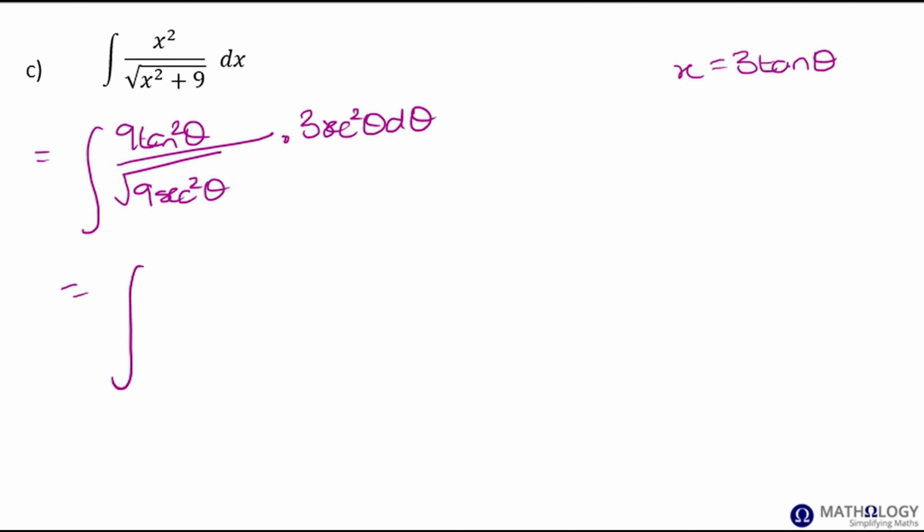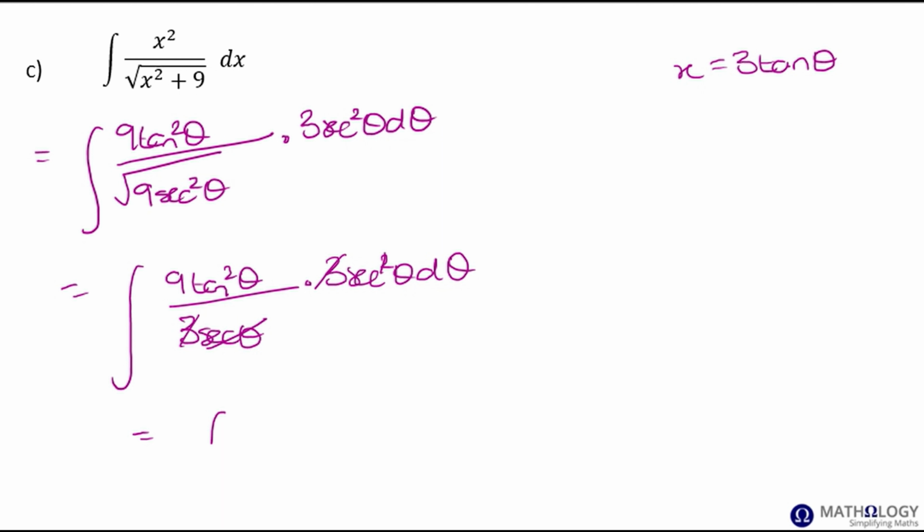So that equals the integral of 9 tan squared theta over the square root of 9 sec squared theta, which will be 3 sec theta, times 3 sec squared theta d theta. 3's will cancel. Sec squared will cancel 1 sec theta, so we'll have sec theta times 9 tan squared theta. So the integral of 9 tan squared theta sec theta d theta.